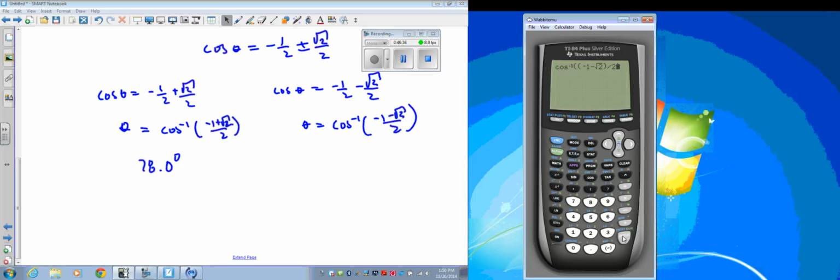So you got a number smaller than minus 1, and there's no such thing as a cosine of any degree equaling less than minus 1. That's why it's undefined. You understand what I'm saying? This sum right here is a number that in absolute value is bigger than 1. You can't get that.